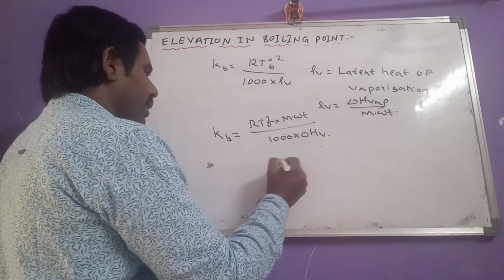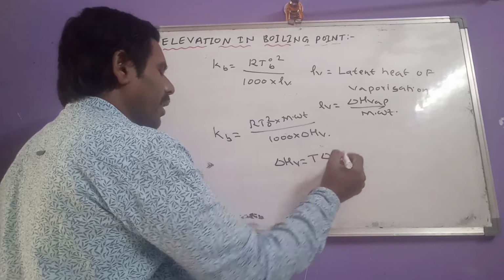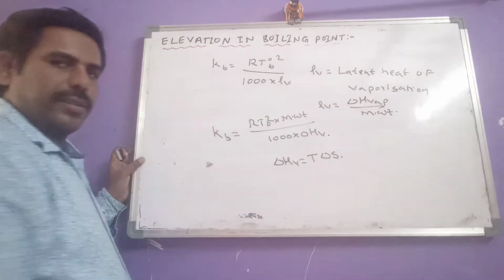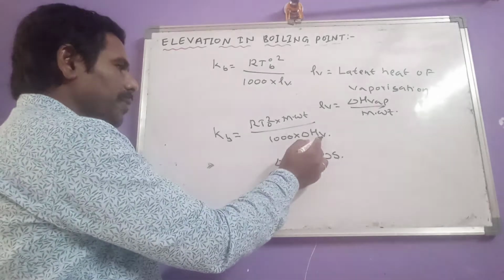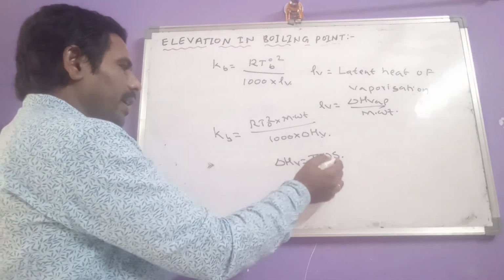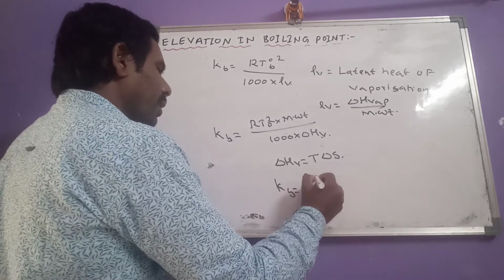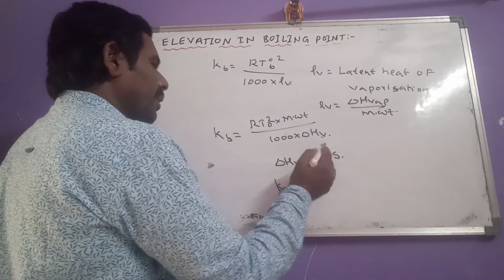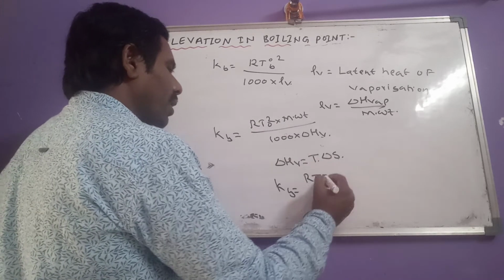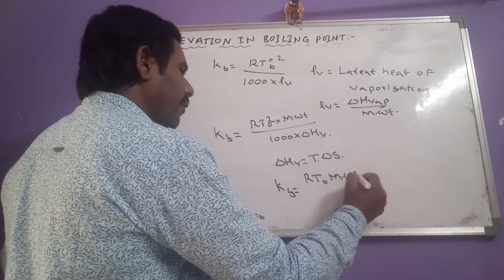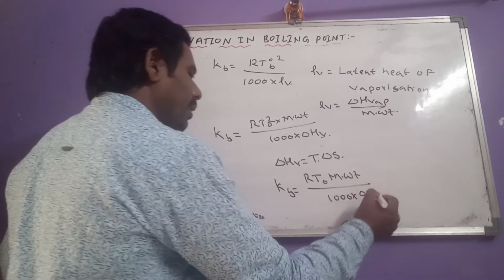But delta HV is known as T delta S, where delta S is the change in entropy. By substituting, Kb equals R T naught; this T naught and T naught get cancelled. So R T naught molecular weight divided by 1000 into delta S.